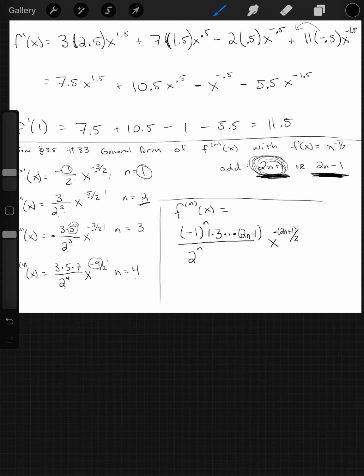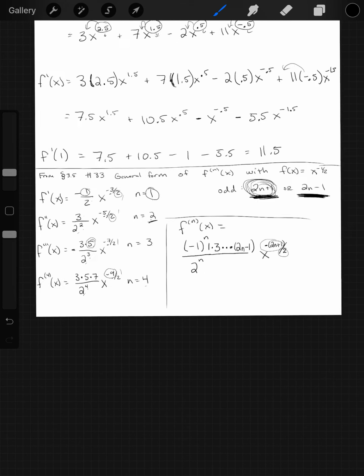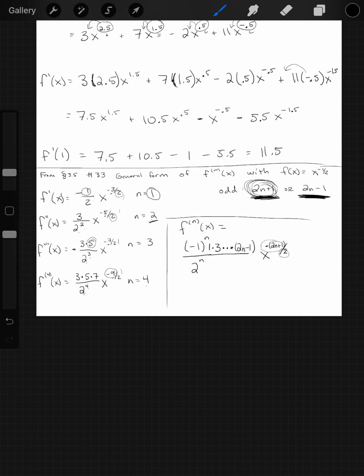It multiplies up all the odd numbers up to a certain point. There's always n 2's on the bottom, because every derivative is going to get us another 2 from here. There's always a 2 on the bottom of the power, and the power is going to go down by odd numbers. So that would be how we get the general form of f of n for that function.